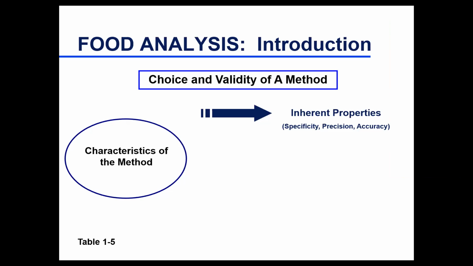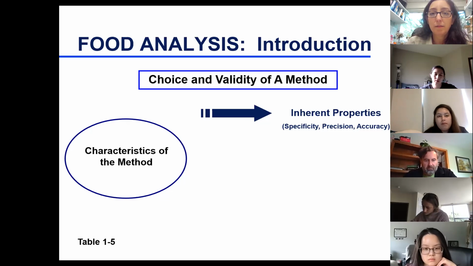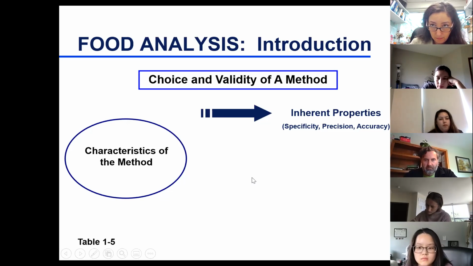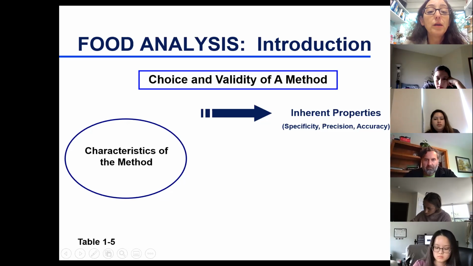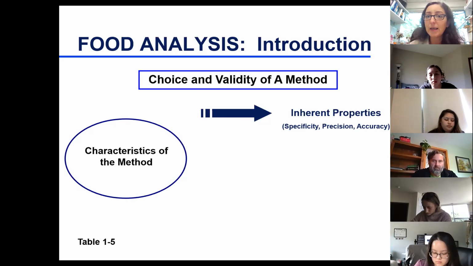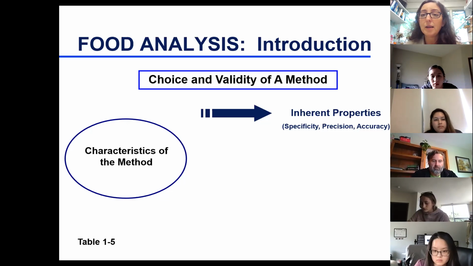Now, what do we mean by precision? Let's look again. Consistent data points, how close your results are. So when you run the analysis, we usually run replications, and we'll learn that next week in lab and in the lecture when we talk about data analysis.